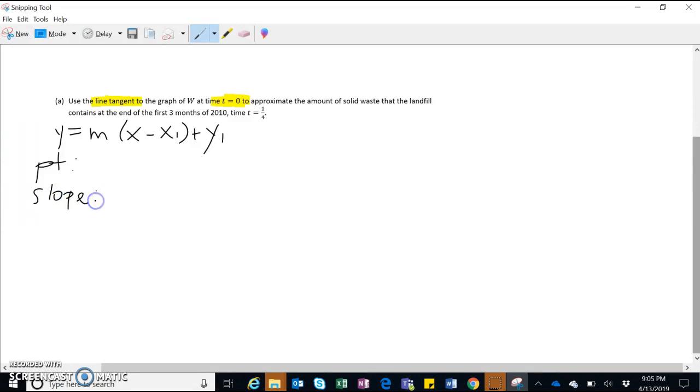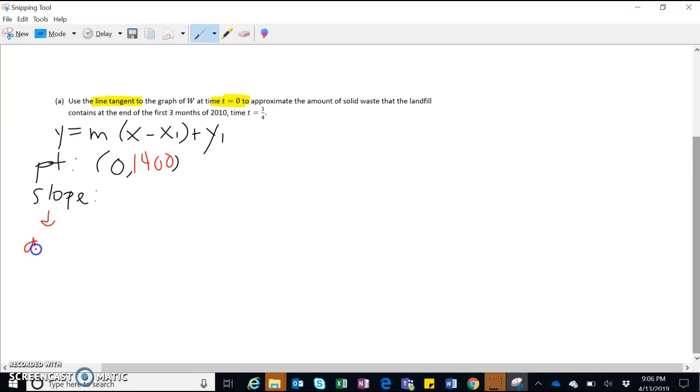The only part that I've been given here is that the point is going to have a 0 as our input. I need to go investigate and try and find the output and the slope. So that's not too bad here because at the beginning of the problem I was told that at 0 there are already 1,400 tons of waste in the landfill. So there's my point of tangency.